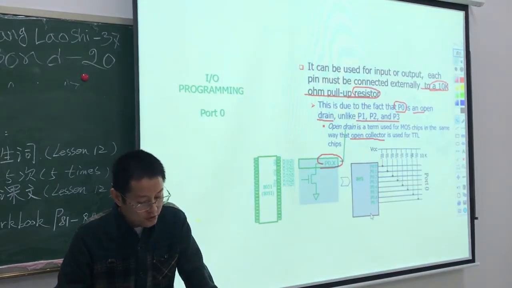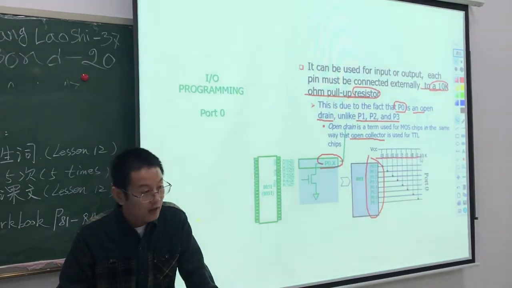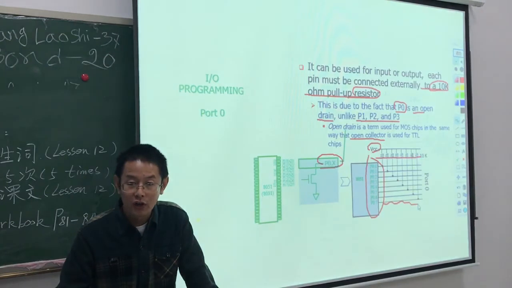If you use P0, you need to add the resistor like this and give the power. So it's the standard use.